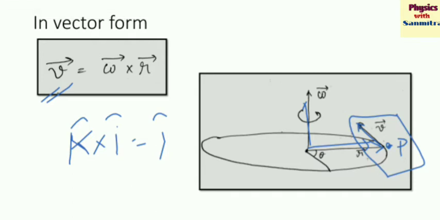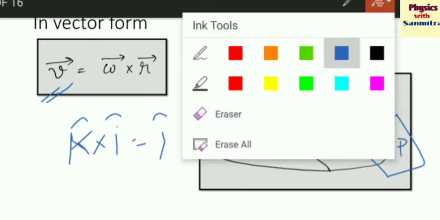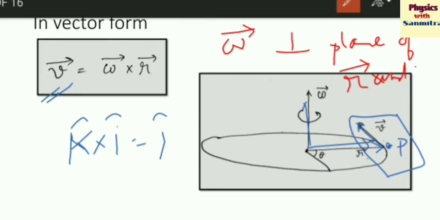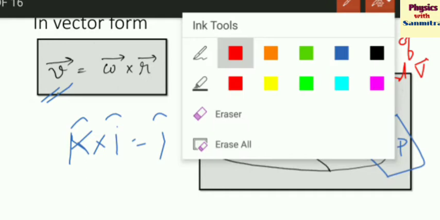And one more thing I have to notice here, that this omega vector is perpendicular to the plane of the r vector and v vector. Okay, this much I think is clear.